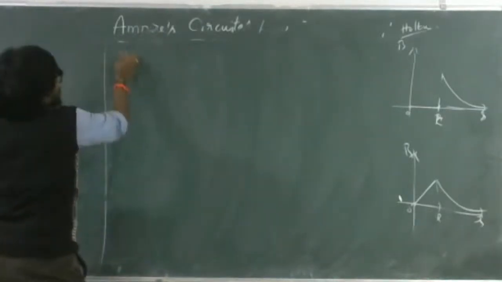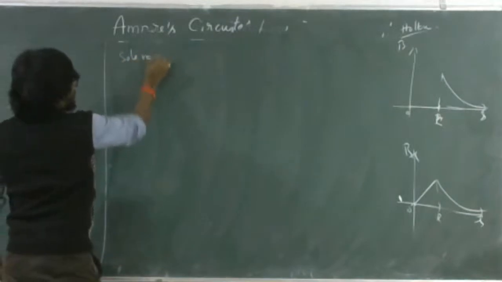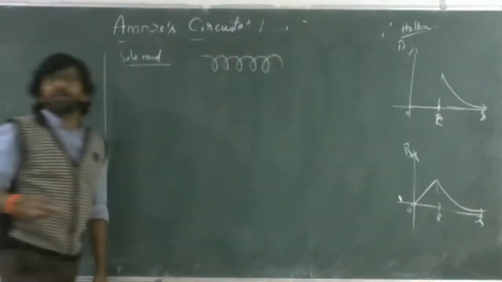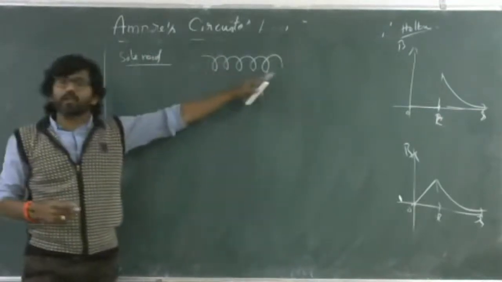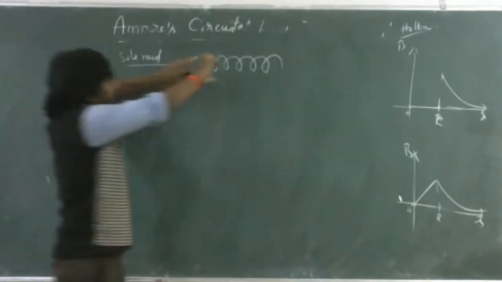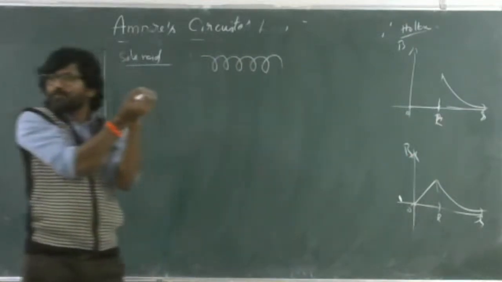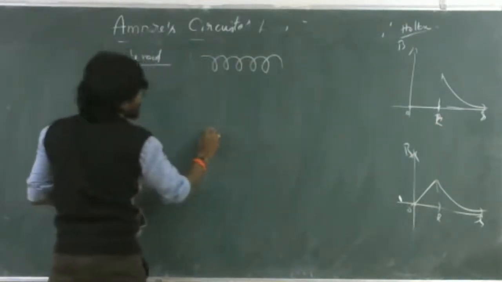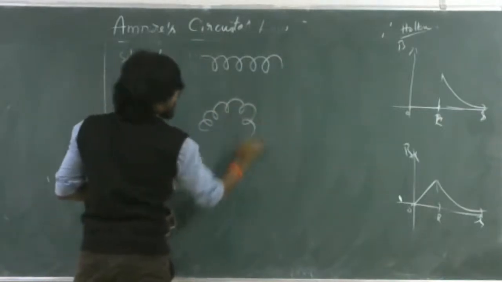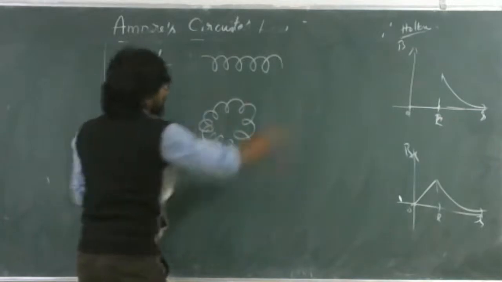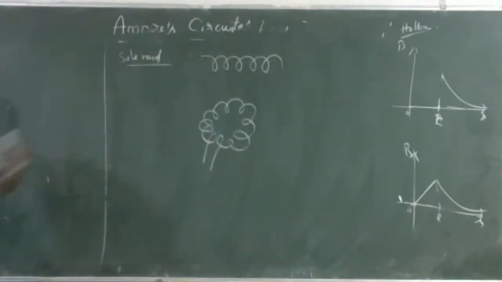So you know, a solenoid is nothing but this kind of helical current carrying wire. If you bend this and attach both the ends, then it looks like this. This kind of endless solenoid will be called a toroid.